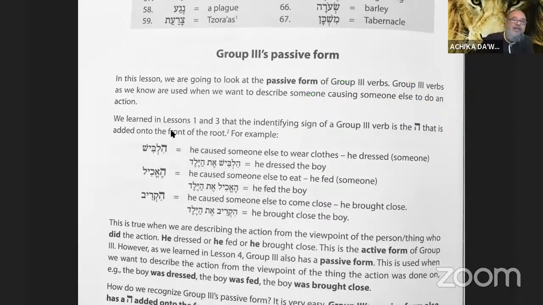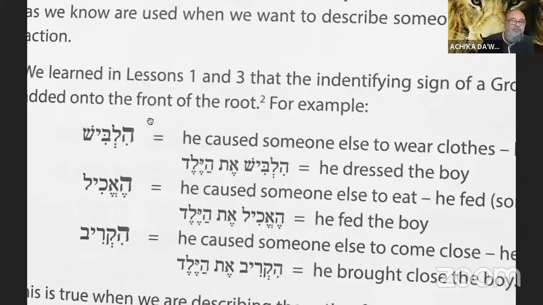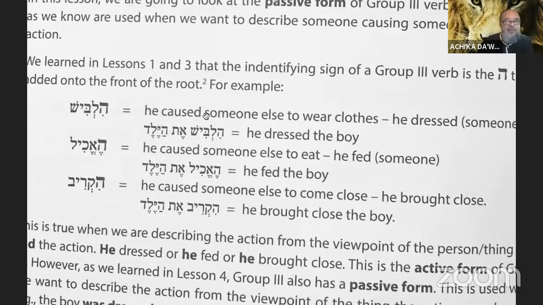So our example that we have here, I'll make it a little bit bigger so we can really see it. Let's look at the examples that we have. All it is is attaching this letter to this root right here, and it says, he caused someone else to wear clothes.